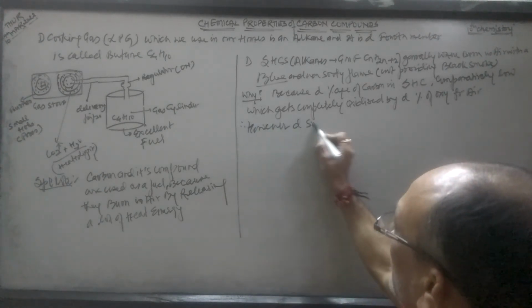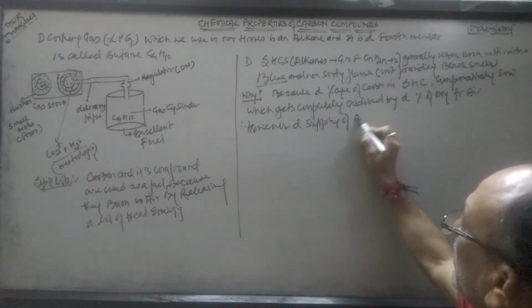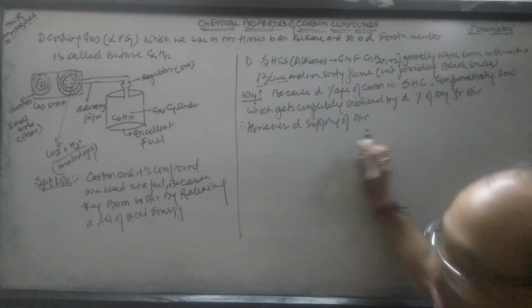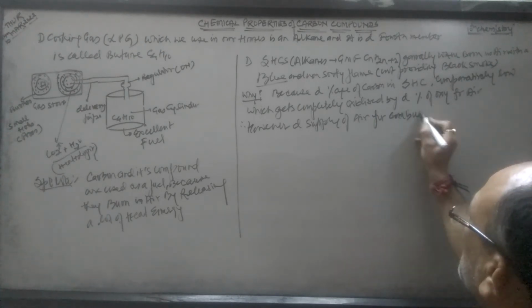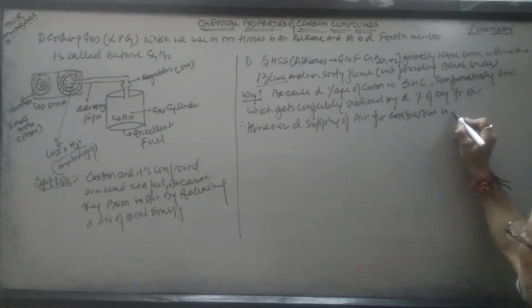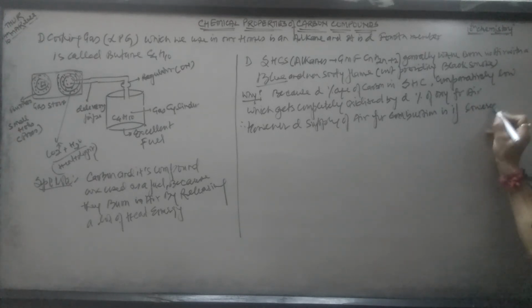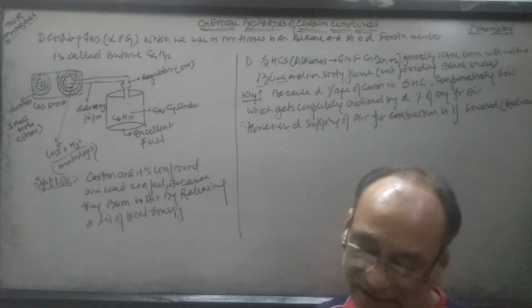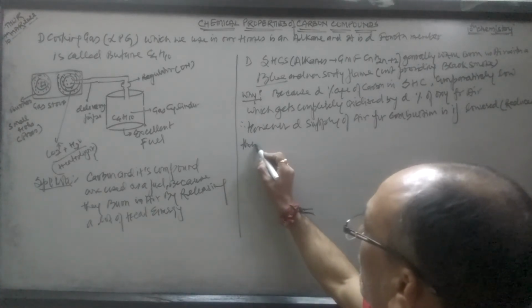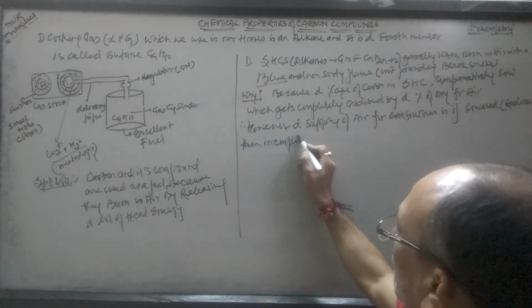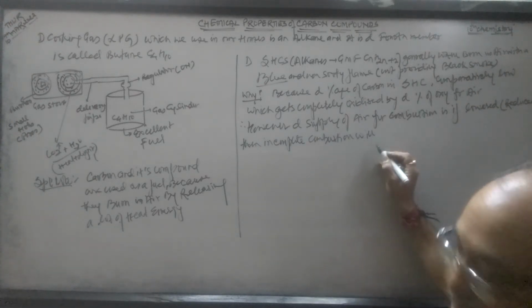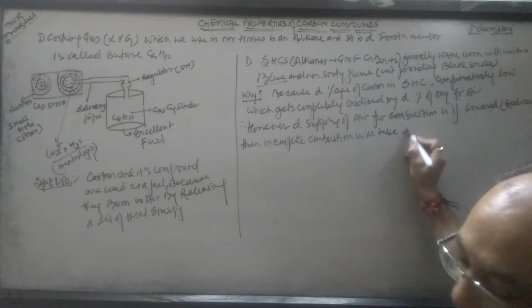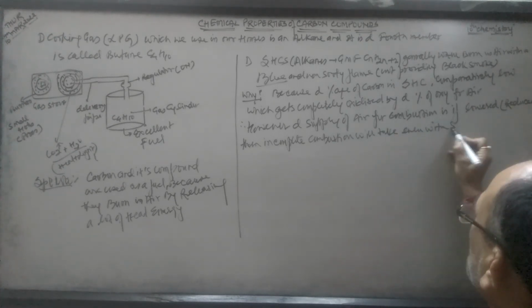However, if the supply of air, sufficient for burning, for combustion you can also write, is lowered, meaning reduced and not sufficient, then incomplete combustion will take place even with saturated hydrocarbons.